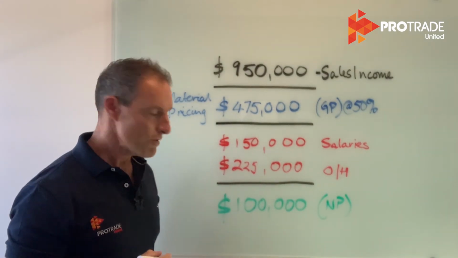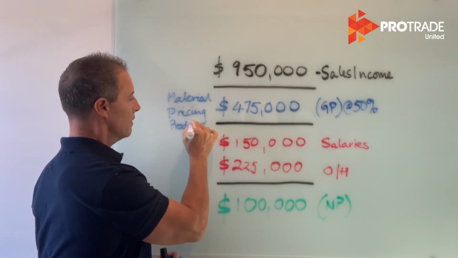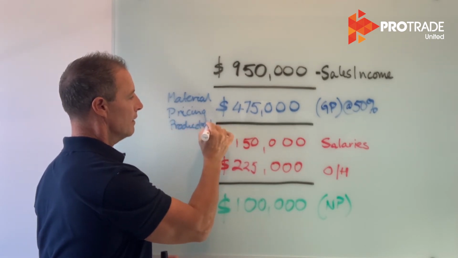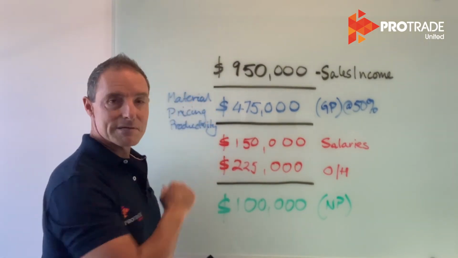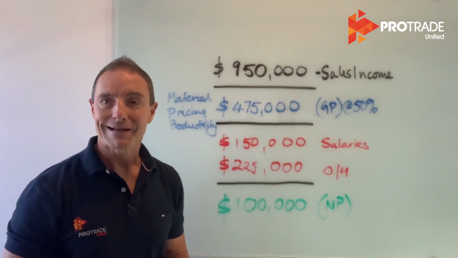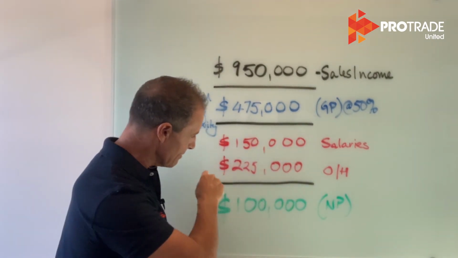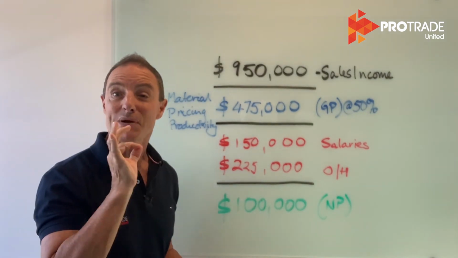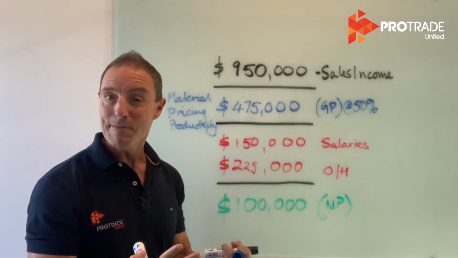But the other one we really can focus on is labor productivity. We've got some other videos, particularly on labor productivity, that you can have a look at. What happens if this business keeps the overheads where they are and they went to work on improving their gross profitability and they improve that by 10%?